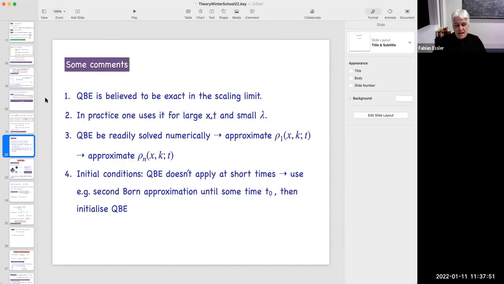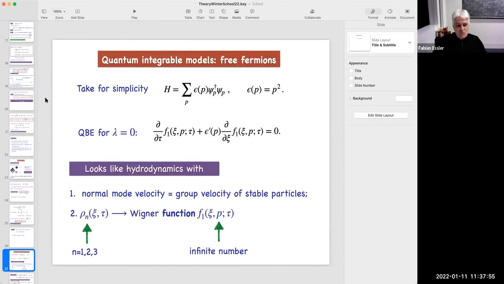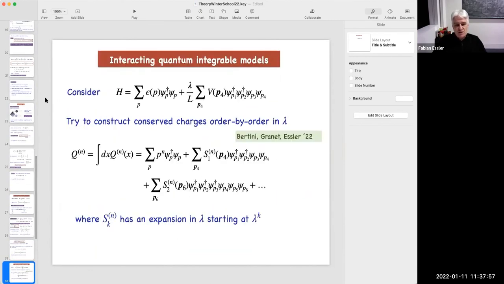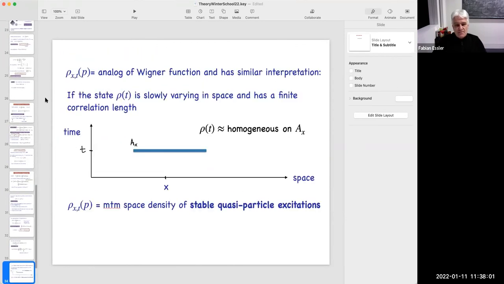So there were these two steps, and then with these stable excitations, I rushed over this. That's a characteristic property of integrable models. For free fermions, you know this. You can consider a state at finite energy density, and there are stable particle-hole excitations around that state. It's just the same free fermions that you have around the ground state, if you wish.